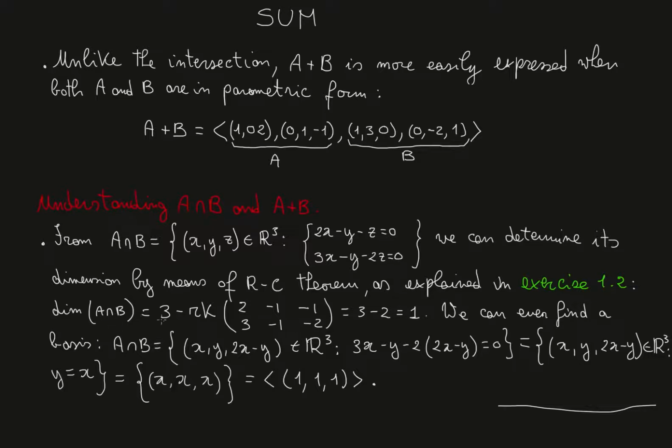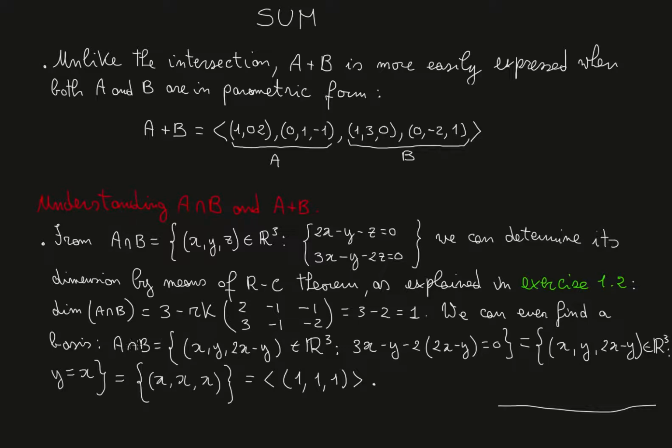Now we know just the dimension. How do we find the basis from the expression in coordinates of the intersection? Well, we can in turn implement the conditions that we have here, two of them in this case, in the writing of the generic vector of the subvector space. So if we implement in the writing of the generic vector the first equation, we will end up with this expression.